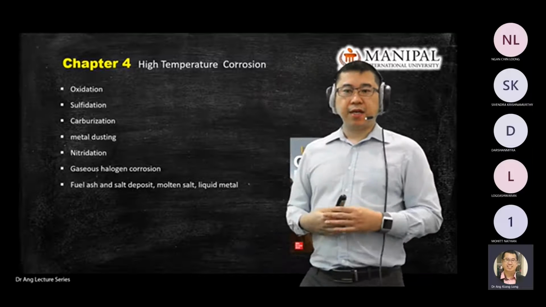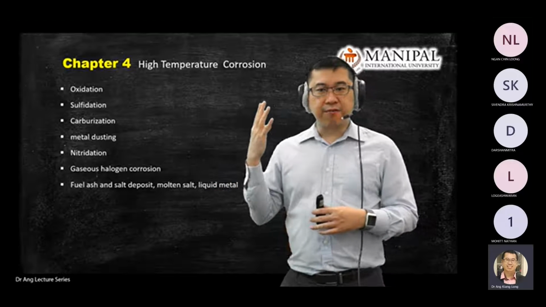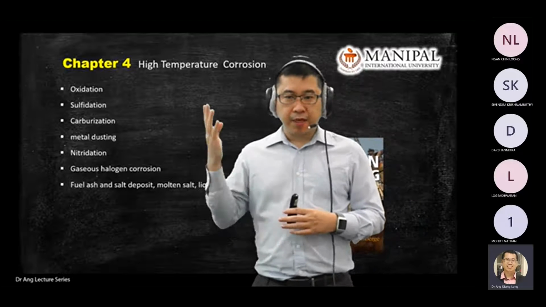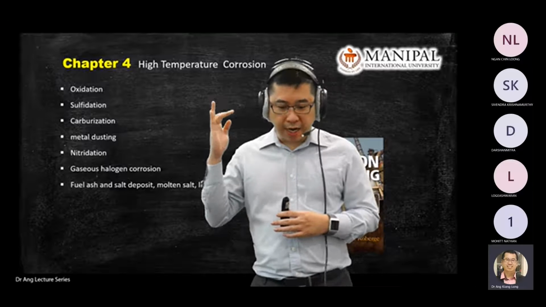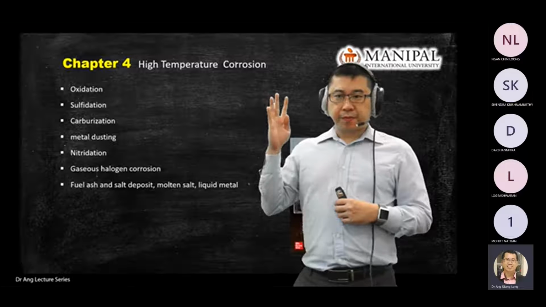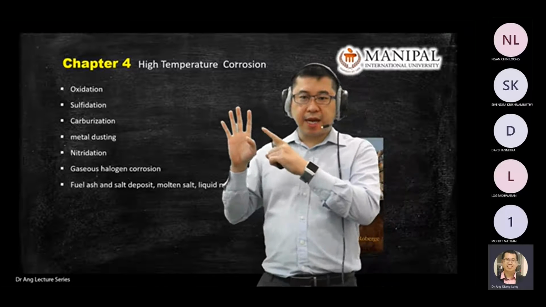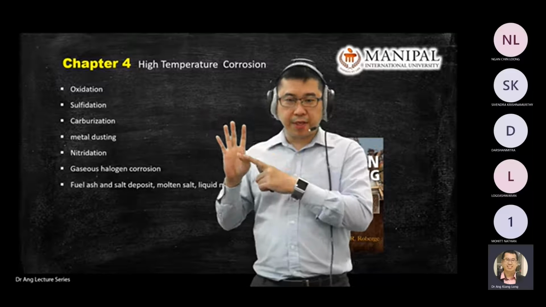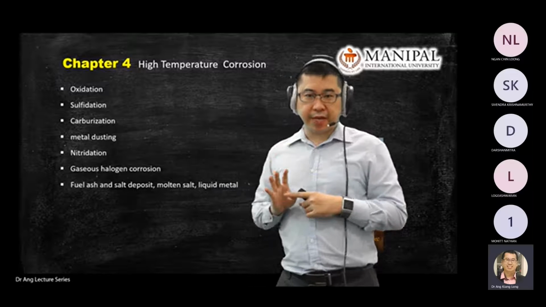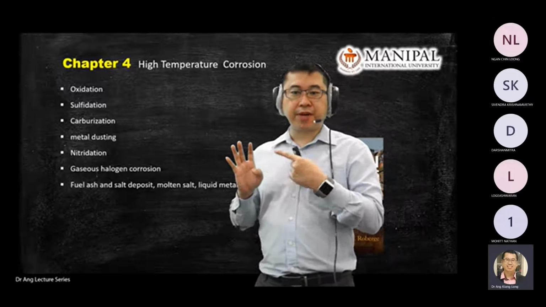And as we go through other chapters later on, you're still seeing the effect of these four elements: metals, hydrogen, oxygen, water. And if you have these four plus another element, which is an environment element, that will elevate the rate or make the corrosion rate faster.